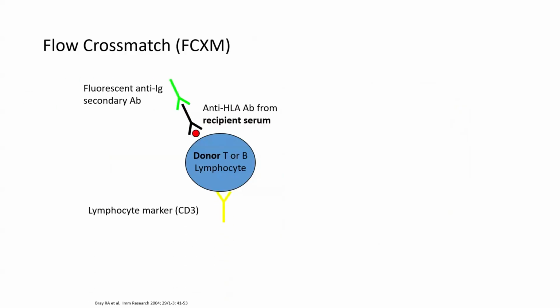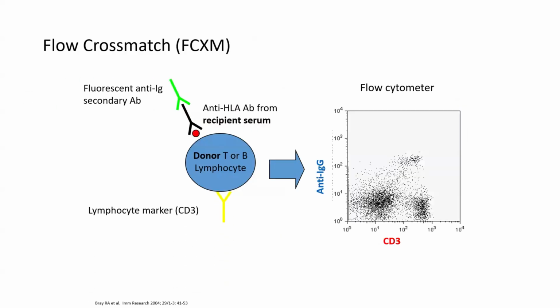This is just going over the two ways that we evaluate for transplant sensitivity in a recipient. Number one, I'm sure you know the cross match. That is where you take donor T and B cells.